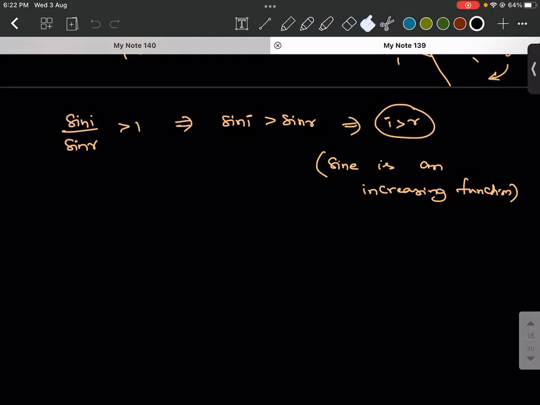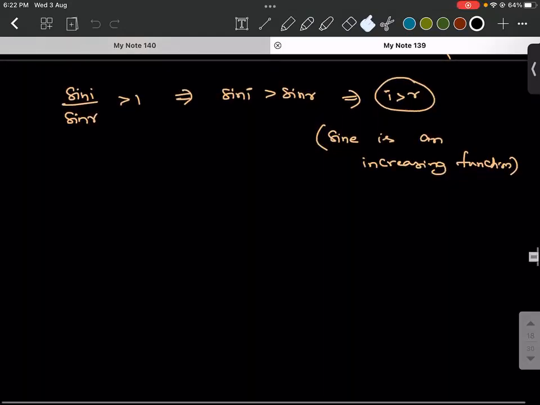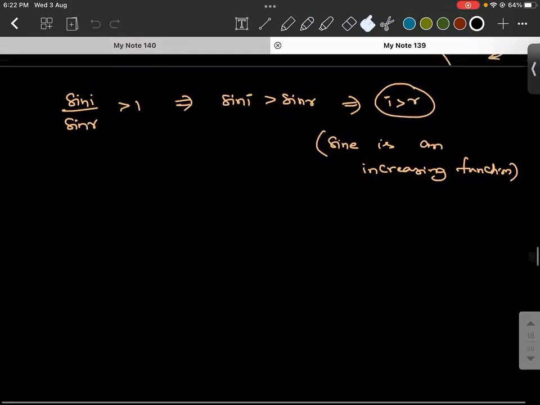Right. Shall we proceed? So yesterday we saw what happens when light travels from rarer to denser medium. Now the reverse process is when it travels from denser to rarer medium. What is going to happen?